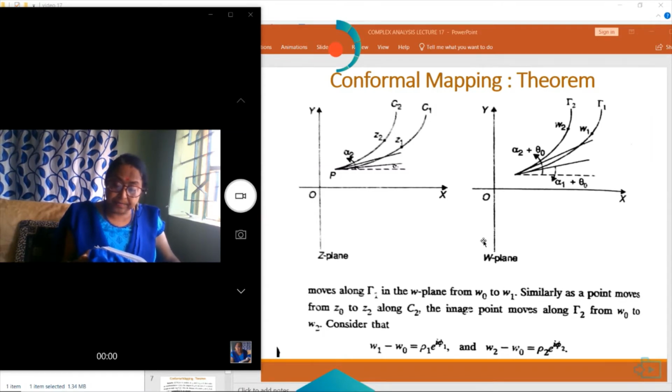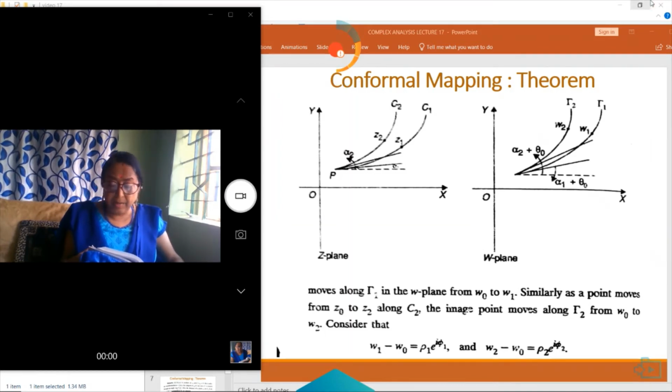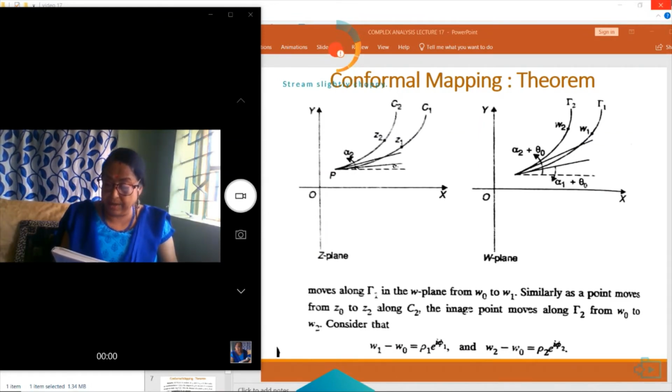Consider w1 minus w0 is equal to rho 1 e to the power i phi 1, and w2 minus w0 is equal to rho 2 e to the power i phi 2.